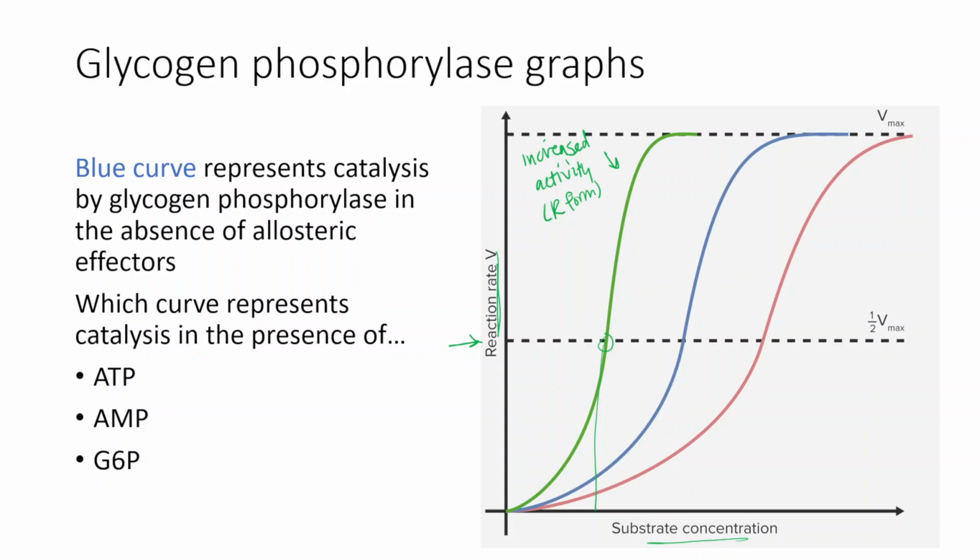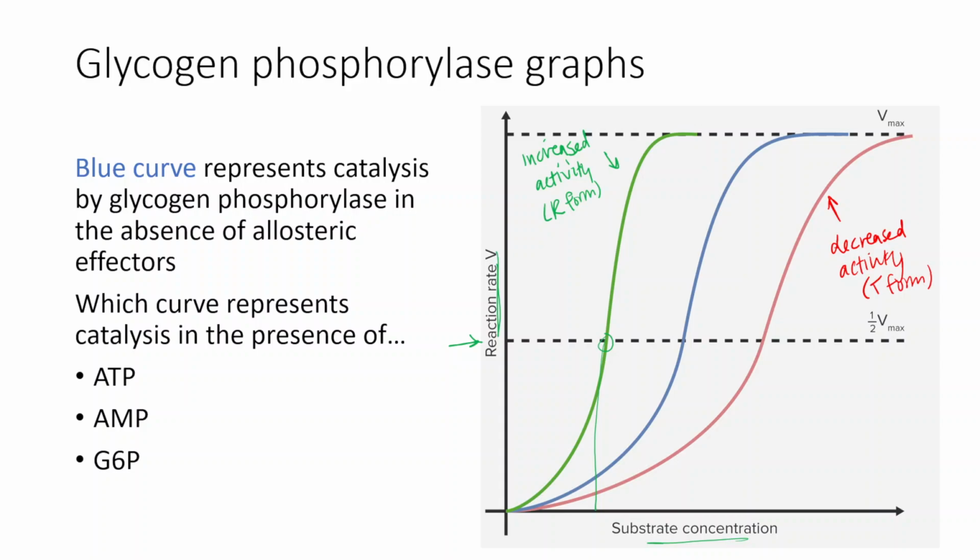Which also means our red curve is showing us decreased activity, right? So it's shifted more towards the T form.